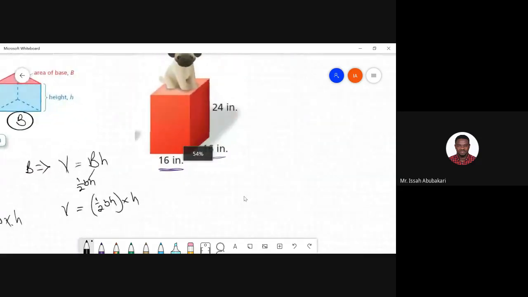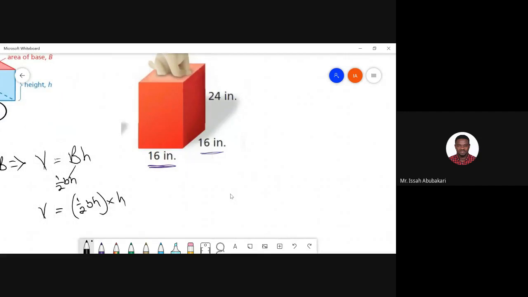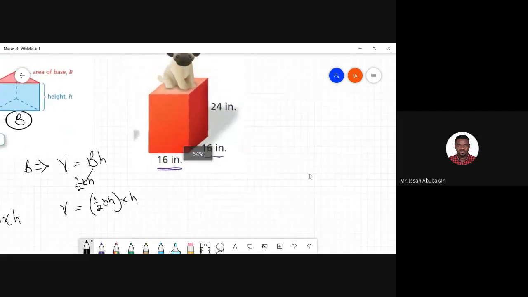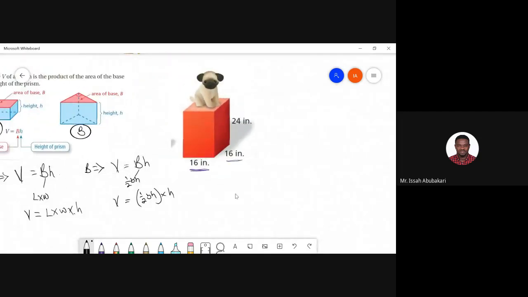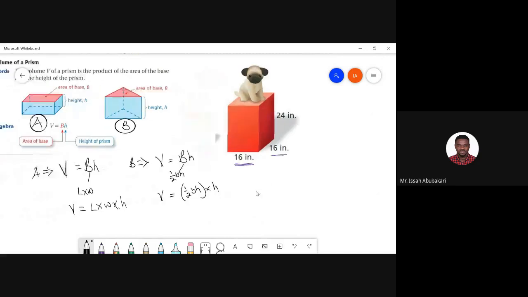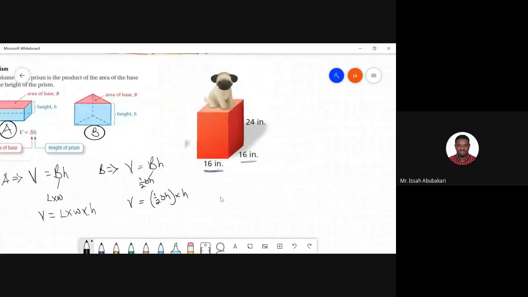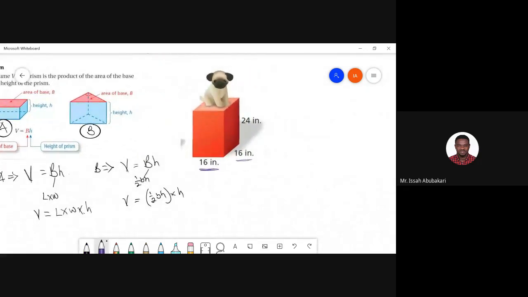So if you're asked to find the volume of this prism, it is solved as figure A in this example. So let's solve it. The volume of this is going to be the base area multiplied by the height, and the height is h, as in the formula.